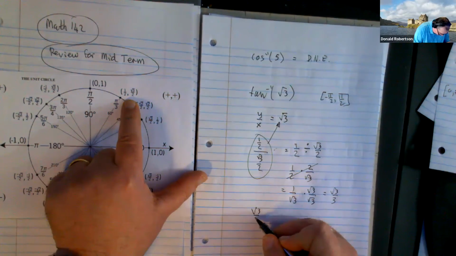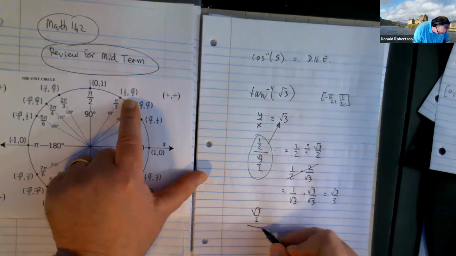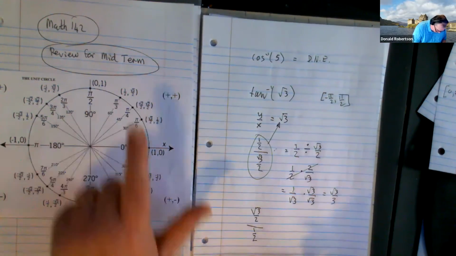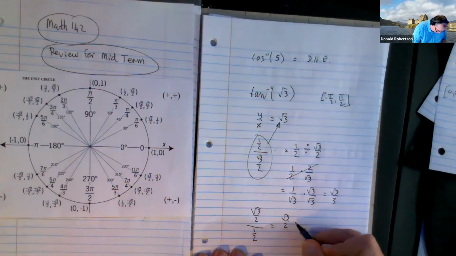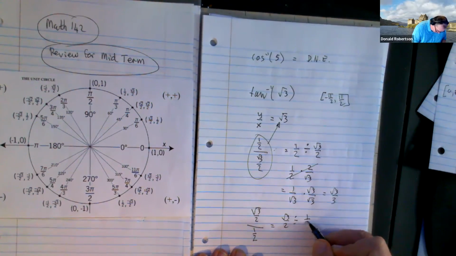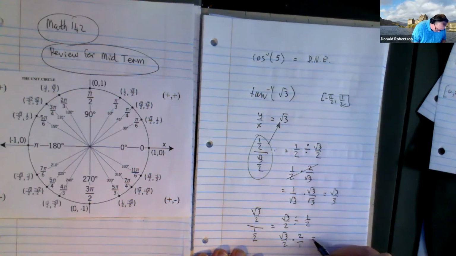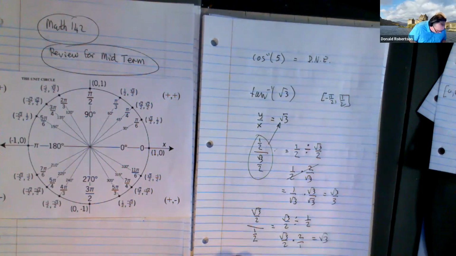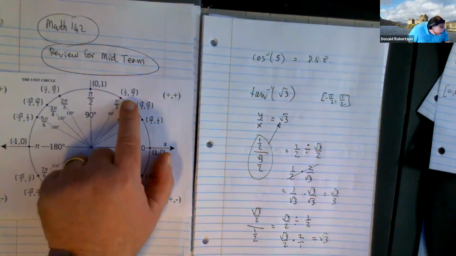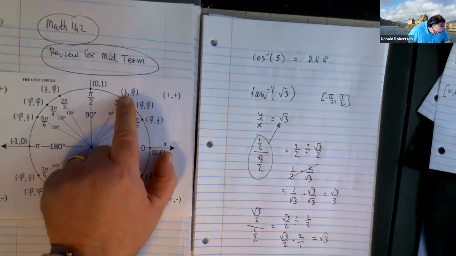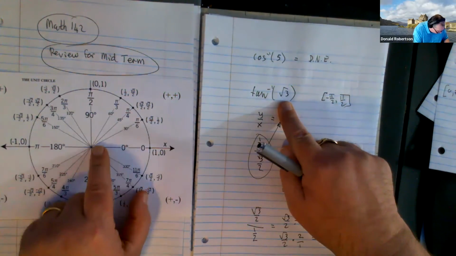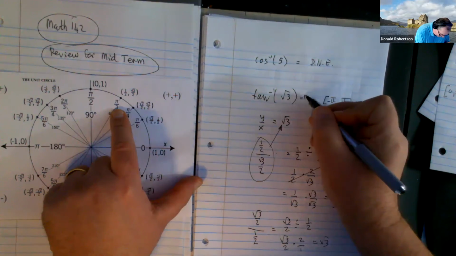So root 3 upon 2, that's the y coordinate, divided by the x coordinate. Top fraction divided by the bottom. Top fraction times the reciprocal. Bingo. So the answer that we found was that this one, the y divided by the x, gets you that. So that makes it pi upon 3.